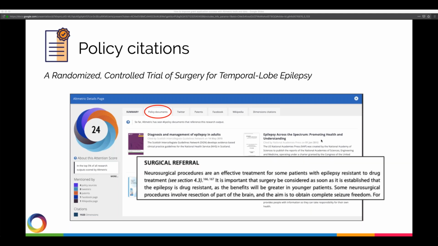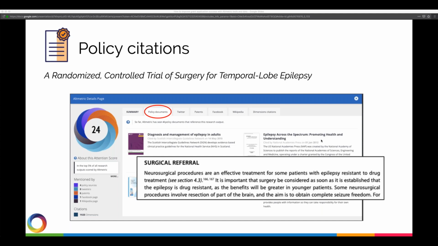And here is the reference in the public policy itself. So you can look at the context, you can see how it's actually being used, and you know now that these patent mentions and these policy document mentions all point to the article as providing foundational knowledge and accepted practice in surgical treatment of epilepsy.